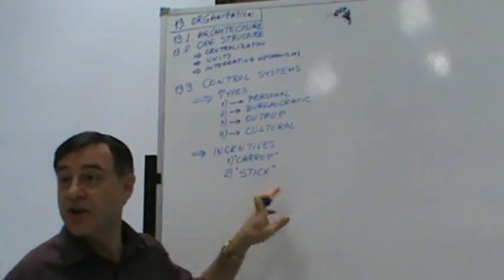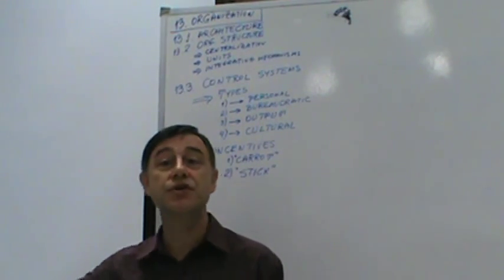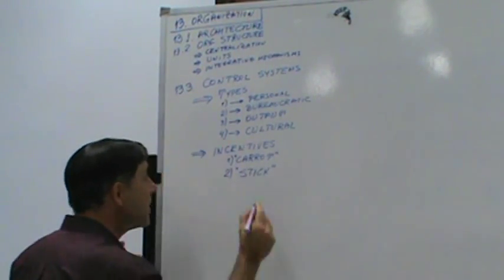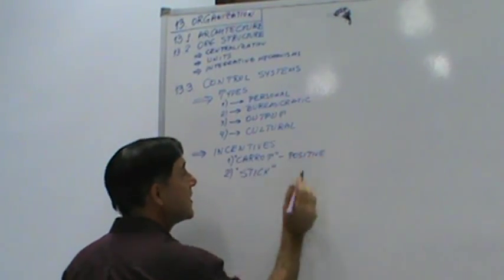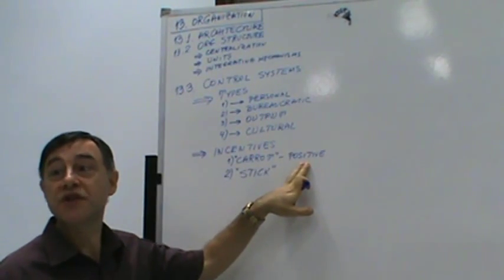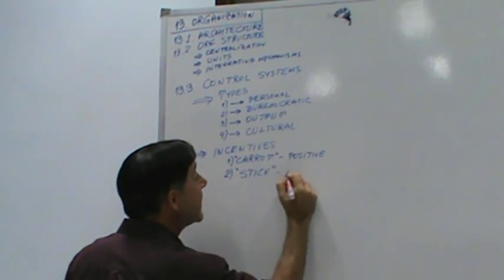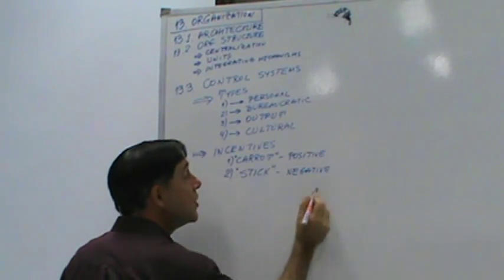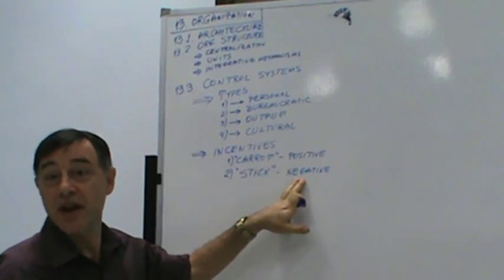Stick, in this particular case, means punishment. Stick is the one you use to beat people or animals. So the carrot is the positive type of incentive, which reinforces good behavior. And the stick is the negative type of incentive, which discourages bad or undesired behavior.